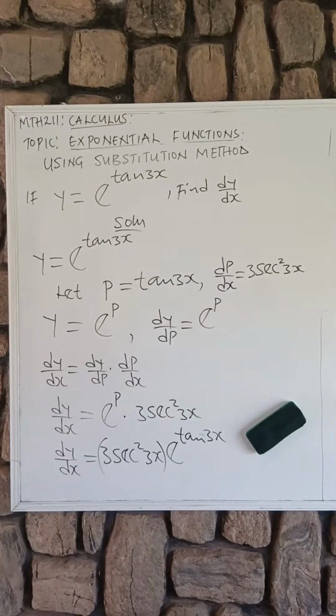This is how to use the substitution method. So in the exam, you should expect this: use the substitution method to obtain dy over dx. Do you have any question? Please ask before we proceed.